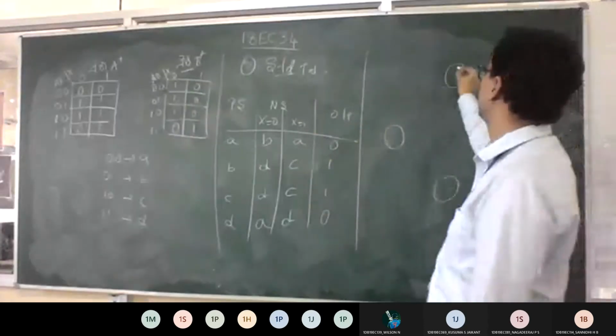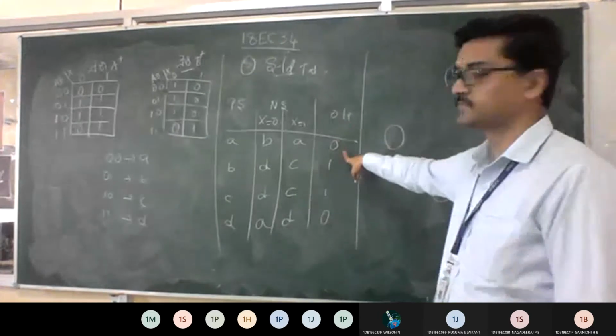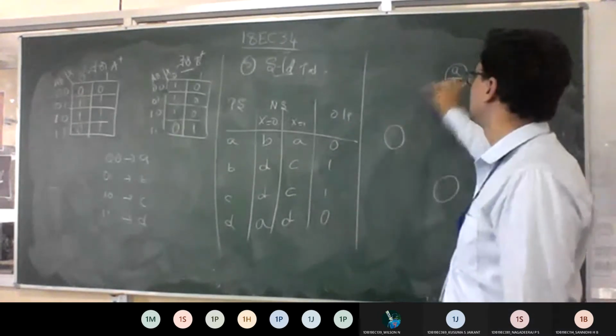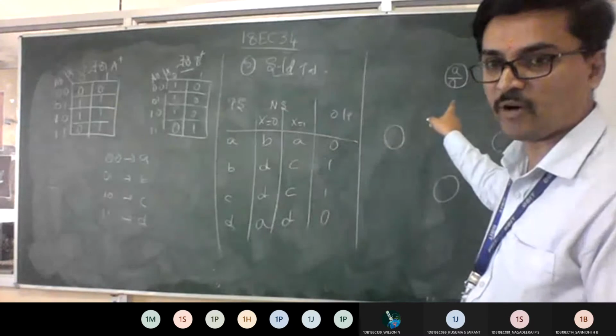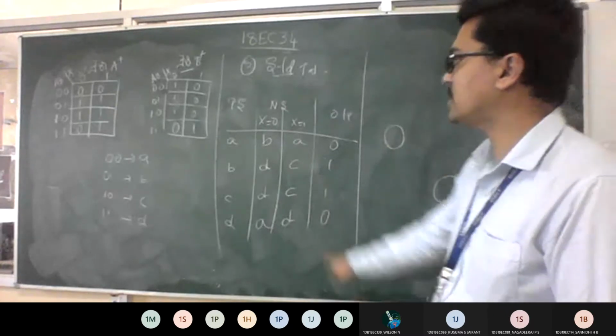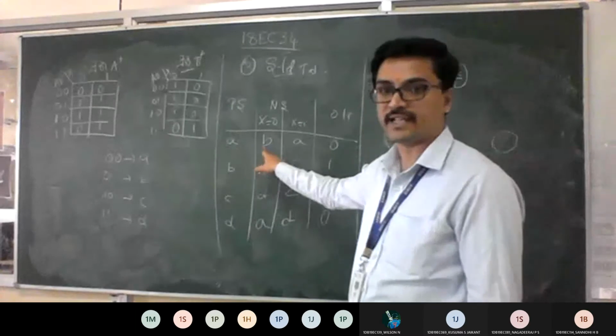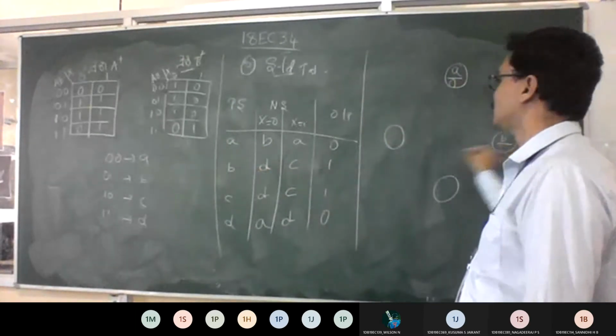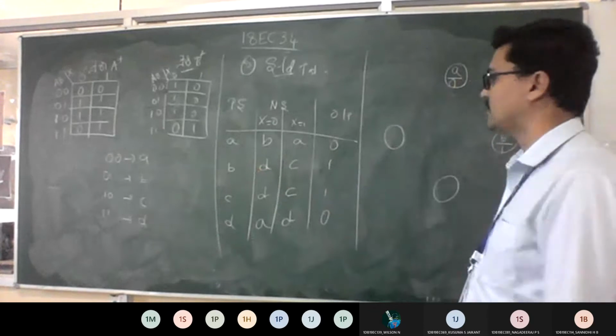So for A, what's the output? 0. This is the Moore model structure, right? Next, look at here. You have an option that A goes to B as the next state. And then here to here, it means B will come here. So what is the corresponding output? It's 1.